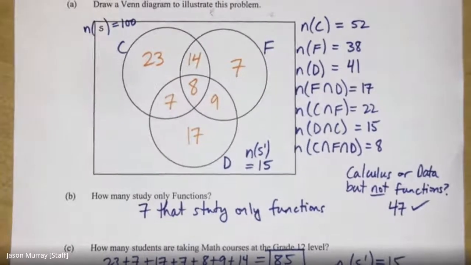Sure, why not? So I think the answer is the union of A, B, and C is the number of A plus the number of B plus the number of C minus the number of A intersection B minus the number of B intersection C minus the number of C intersection A. Okay.